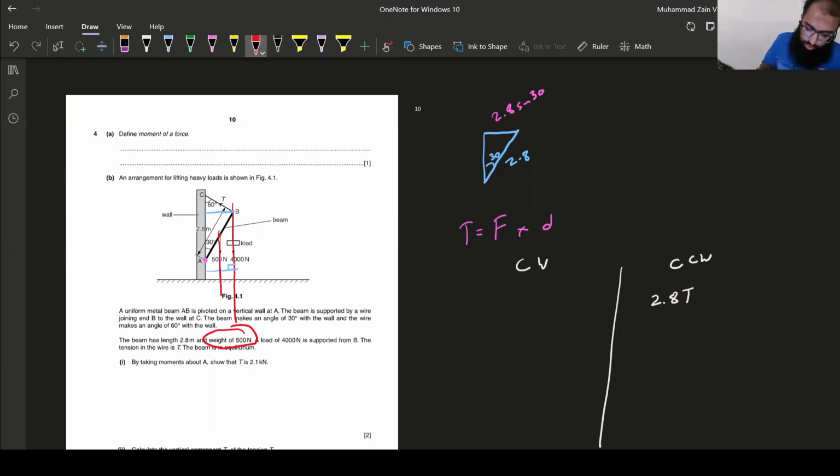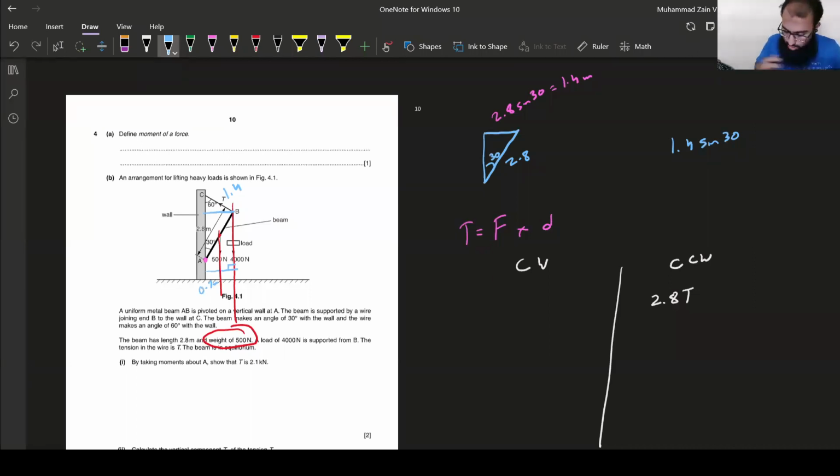Or I could use another way, 1.4 sine 30. That's how I could find this, because it's exactly in the center of the pivot. So this is what I do. The answer for 2.8 sine 30 was coming out to be 1.4 meters. So if this whole distance was 1.4, the 500 Newton force is exactly in the center. So that's 0.7 meters. So that's where the force is.